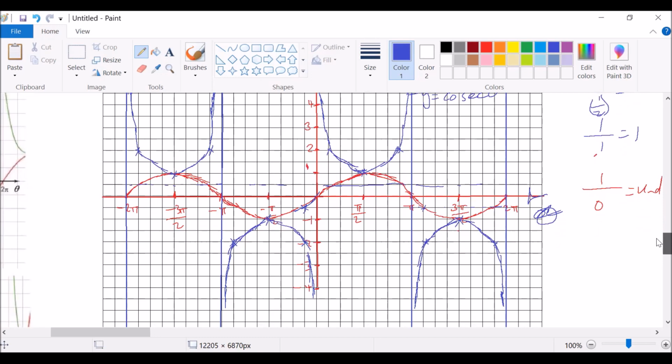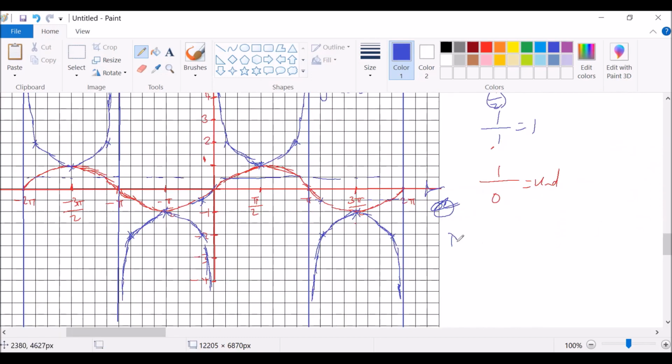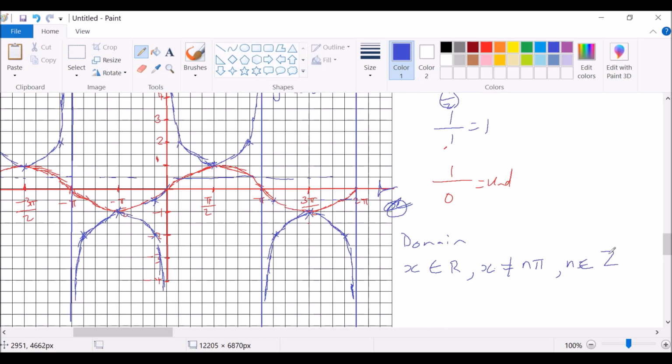Now let's look at domain and range. Domain: x is an element of real numbers. Then we exclude the asymptotes. x is not equal to n pi, n is an element of integers. So what are we saying? x is an element of real numbers. Any real numbers can apply except positive and negative multiples of pi.